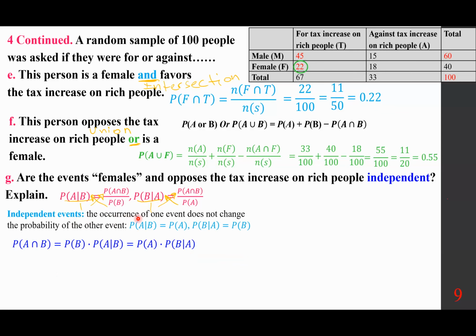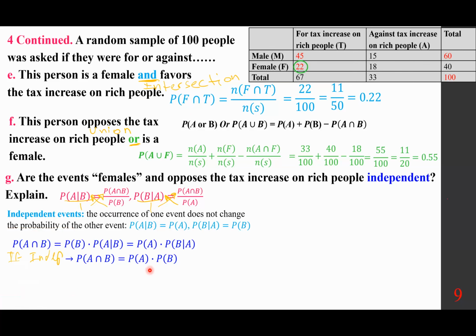Independent events: the occurrence of one event doesn't change the probability of the other event. Probability of A given B is equal to probability of A. Probability of B given A is probability of B. And therefore, if we are talking about independency, probability of A intersection B becomes probability of A times probability of B, if independent.